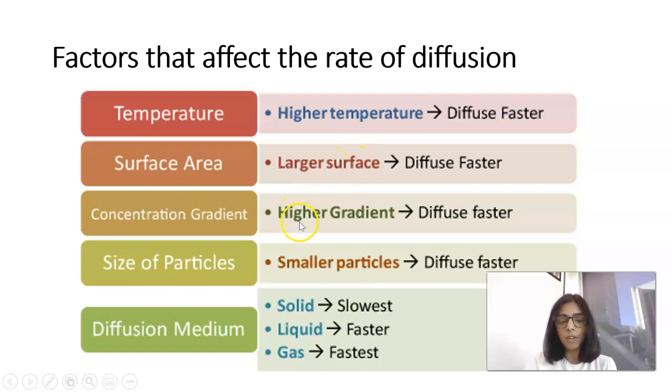Having a steeper concentration gradient, we know, will increase the rate of diffusion. Having smaller particle sizes means that they will go much faster. And of course, the medium that diffusion occurs in. So we know that solids will mean the slowest rate of diffusion, liquids will go faster, but gases are the fastest because those molecules are freer flowing.